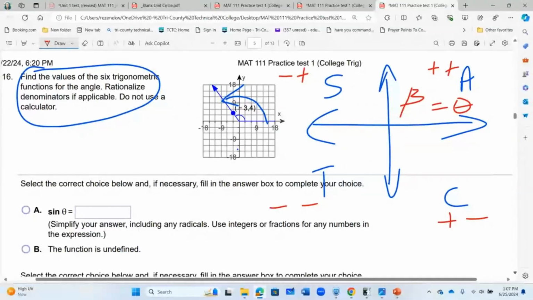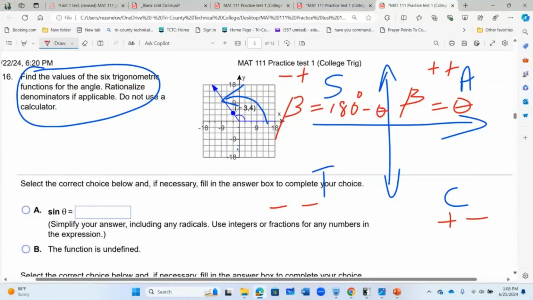In the second quadrant, the reference angle, which means the angle you're going to use to find others, which should be an acute angle, is 180 degrees minus theta, or pi minus theta.